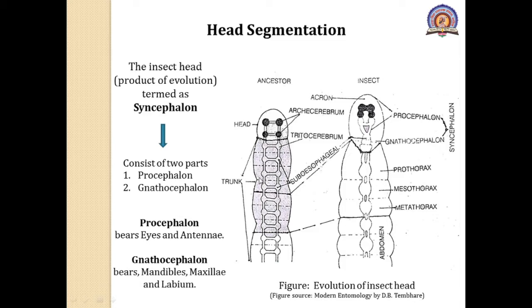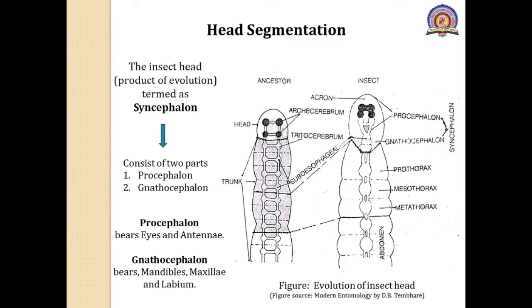So in the course of evolution, this procephalon of the insect head is actually derived from the ancestral head, that is referred to as the archencephalon or the blastencephalon.